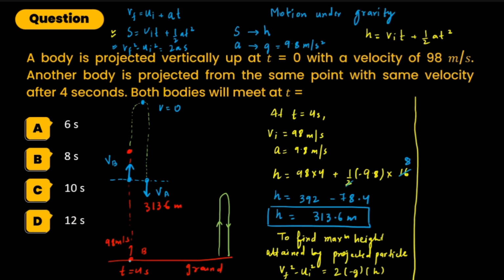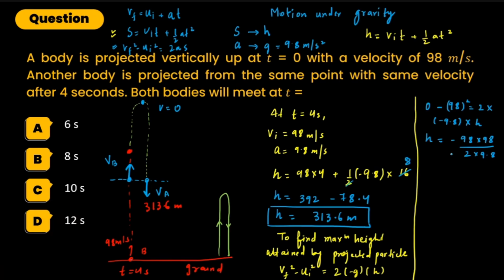So from the point on the ground to the topmost point, the displacement is h, that needs to be figured out. Whereas the final velocity is going to be zero, initial velocity is 98, so 0 minus 98 squared is equal to twice of negative of 9.8 into h. This is what we have to find. So h is going to be 98 times 98 divided by 2 into 9.8.